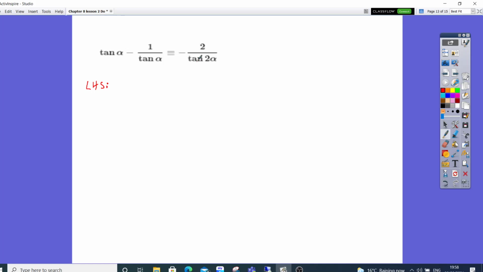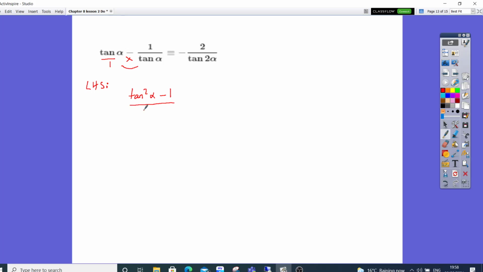Okay, so what I've got here, I've got tan. So I'm going to just put that tan over 1, so changing both of the fractions. Tan times tan is tan squared alpha. 1 times 1 is 1, with the minus, and then 1 times tan is just tan.